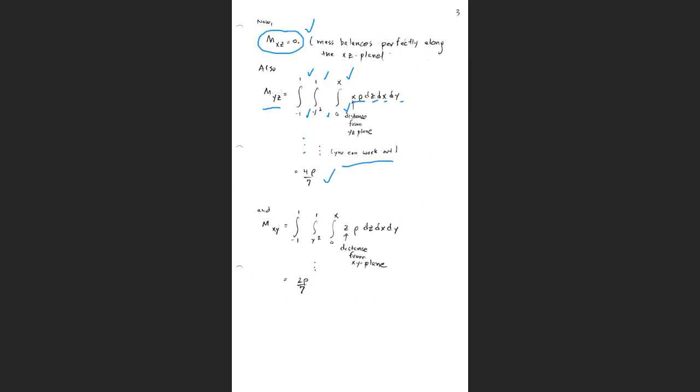The book in example 5 shows you, it details some work for you. And the moment about the YZ plane can be shown to be 2 times the density over 7.